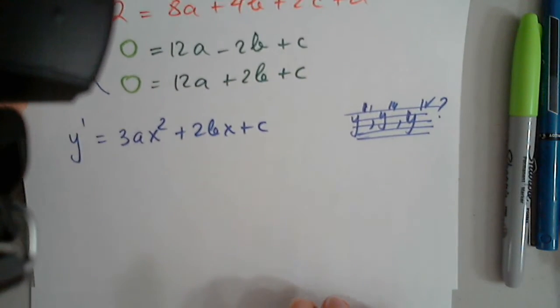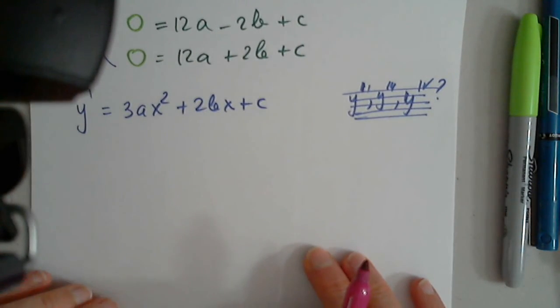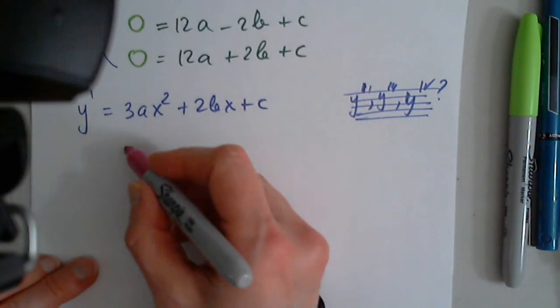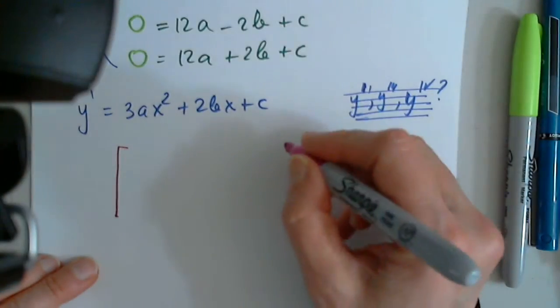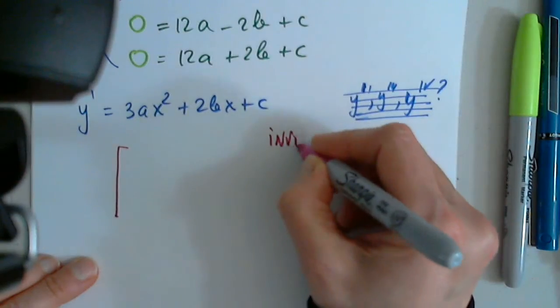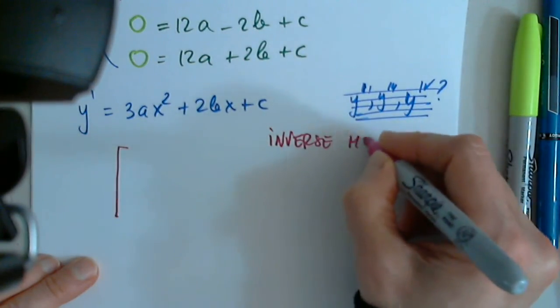It doesn't always work. If the matrix is not invertible, the method doesn't work. So first of all, I will create, so let me put the title here, inverse matrix.